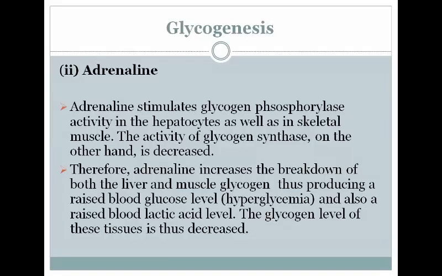So ultimately it decreases the glycogen content, because adrenaline increases the breakdown of both liver and muscle glycogen by stimulating phosphorylase and thus produces a raised blood glucose level, and also raises blood lactic acid. So the ultimate effect is decreased glycogen level in tissues.